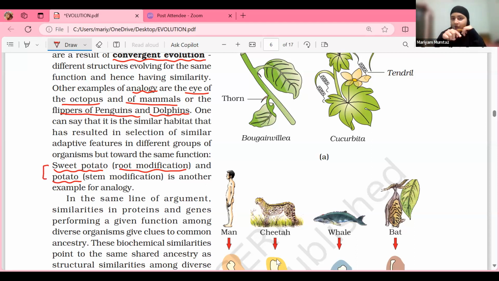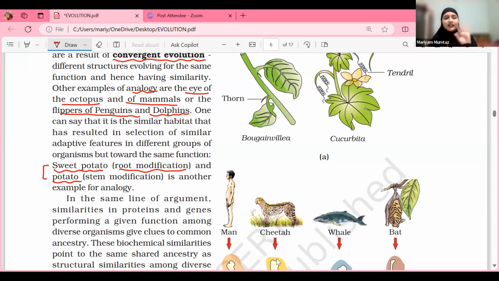I'm saying the anatomical way is different. One is coming from stem, one is coming from root. Then what is the same thing between them? Do they look similar, is the morphology the same? No. We are saying that the function is the same.